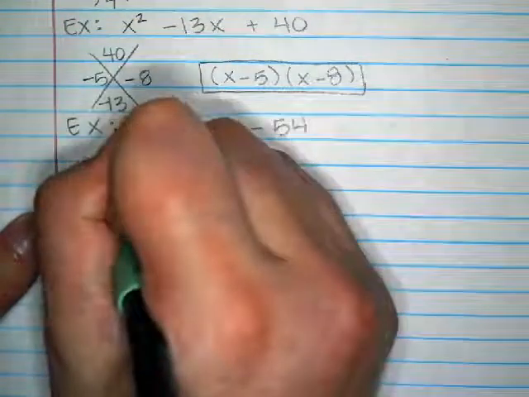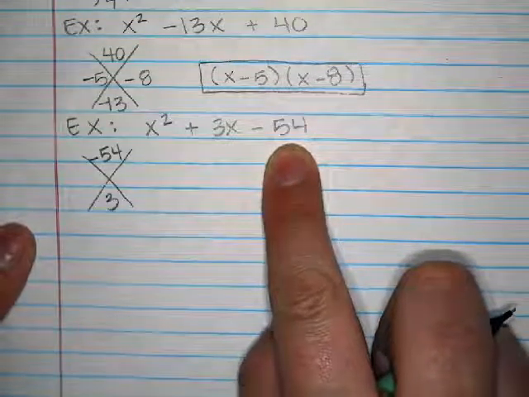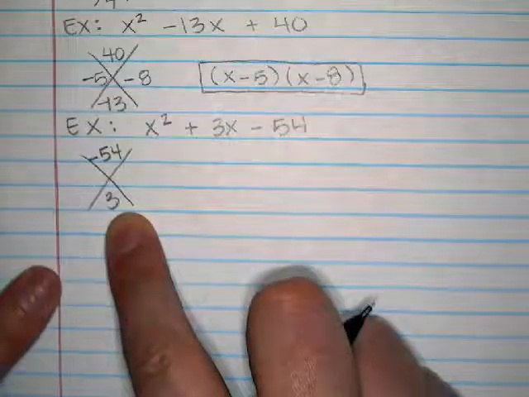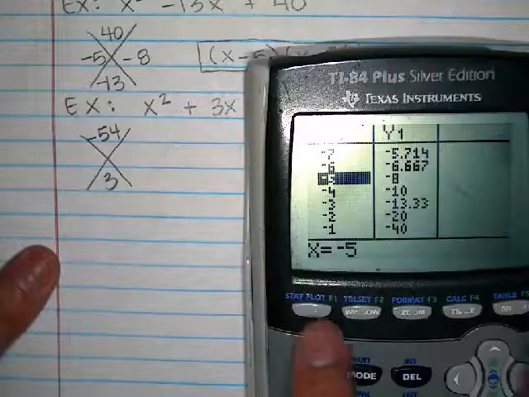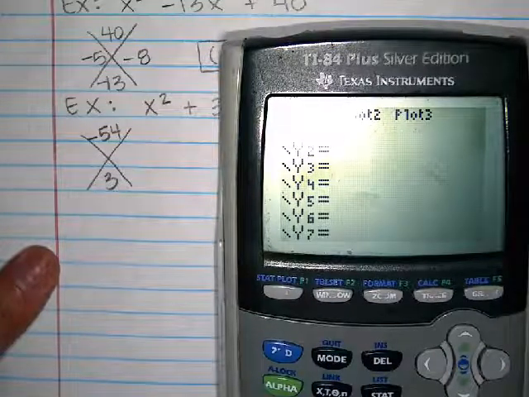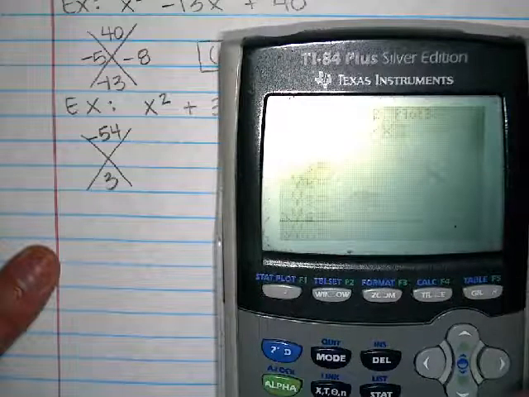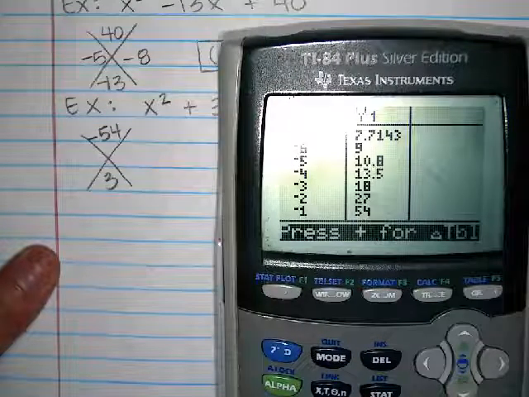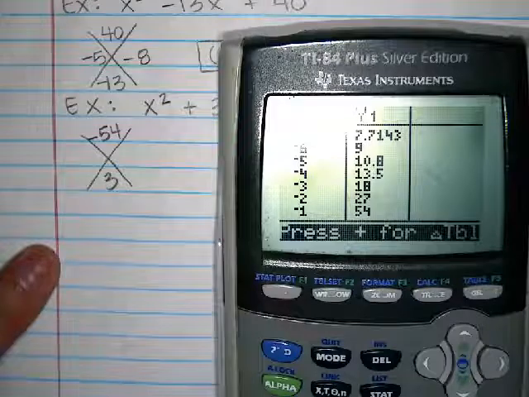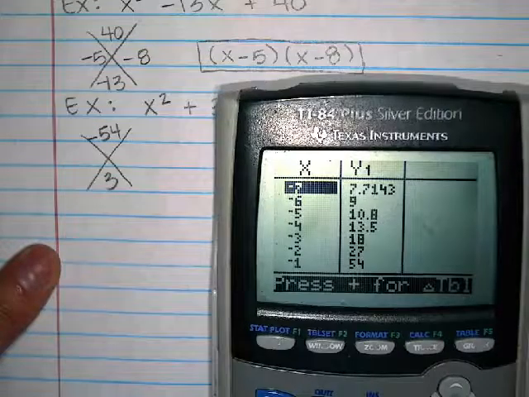So we're finding two numbers that multiply to negative 54, but add to 3. And so I'm going to press y equals two numbers that multiply to negative 54 and add to 3. And I actually don't even need to scroll because it's on the screen right now.